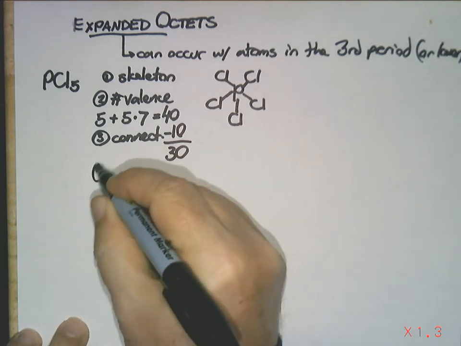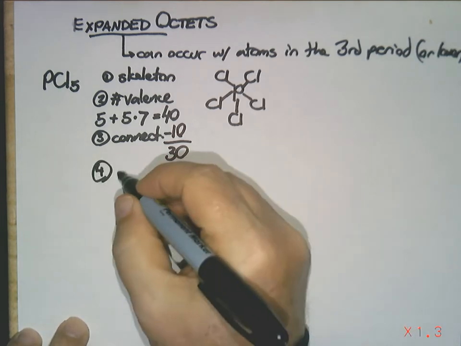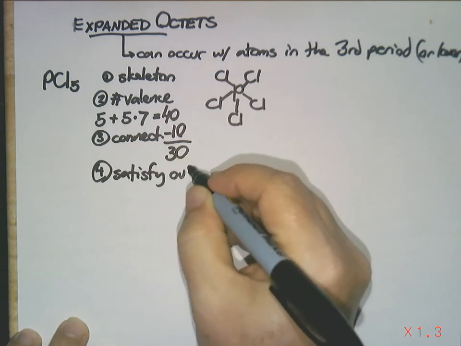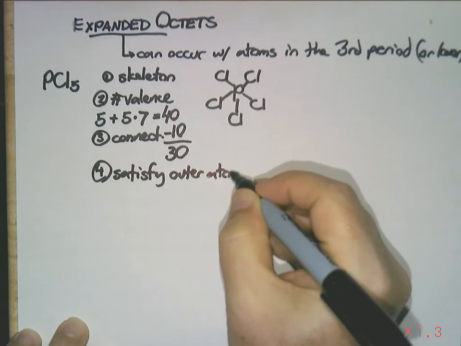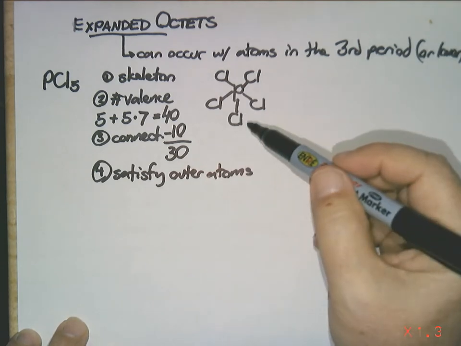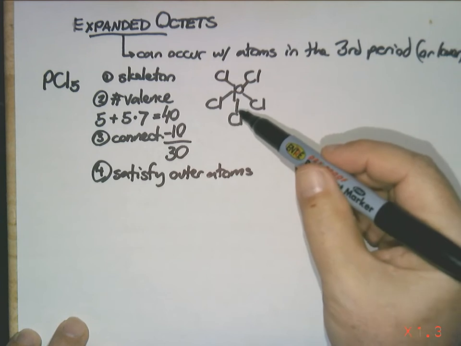The next step is satisfy the outer atoms. That means the chlorines. Now, each chlorine wants an octet, wants 8, already has 2 from the bond that's in there.